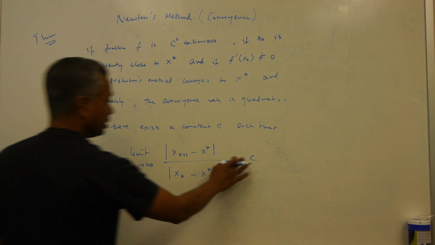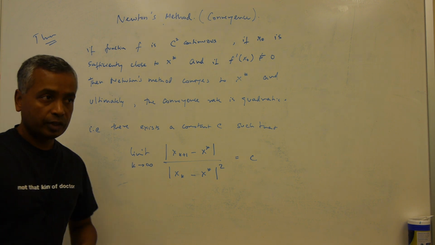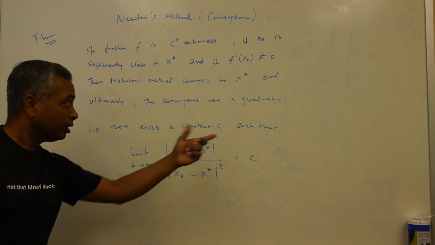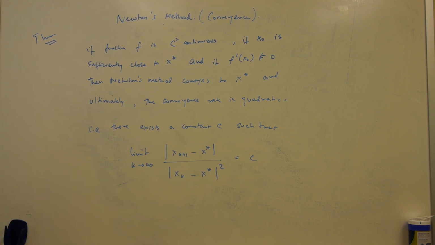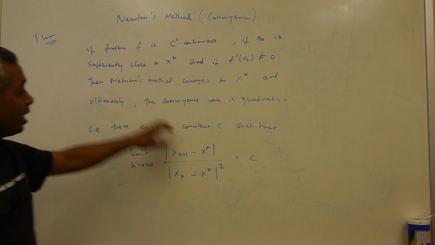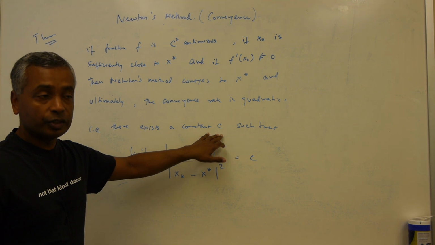Okay, since I'm writing this as a limit, I can simply say c. So this is the statement of the quadratic convergence of Newton's method, but notice that this is actually a pretty weak statement. My starting point must be sufficiently close to the solution, and the quadratic rate is only in the neighborhood of the solution.